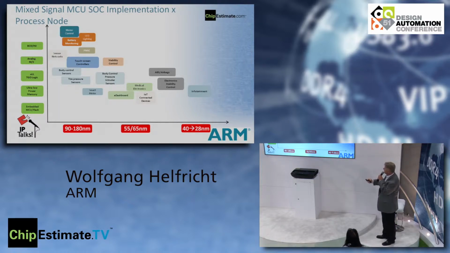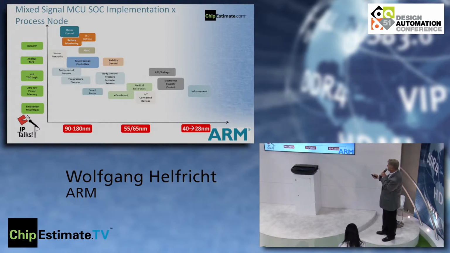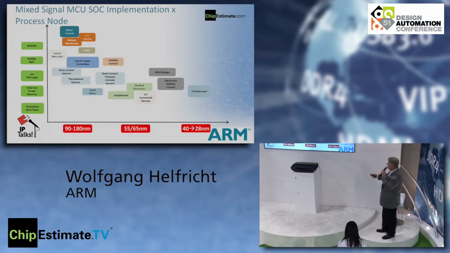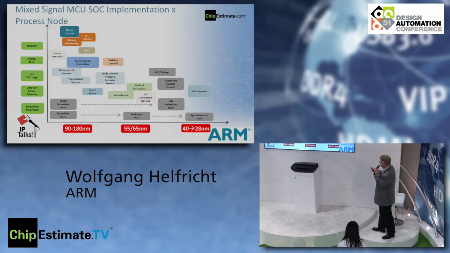Then you have this big area, analog, mixed signal, touch screen, stability control, and then going to more specialized processes, very low power logic, triple gate oxide logic, tire pressure sensors, body control, until you go to the embedded MCU flash, depending on your requirements, with more or less demand for flash.